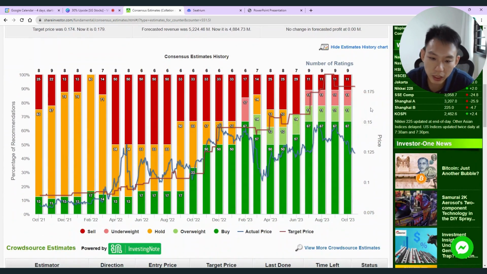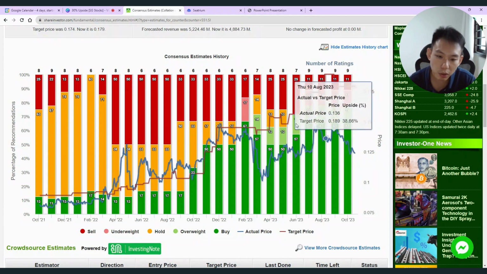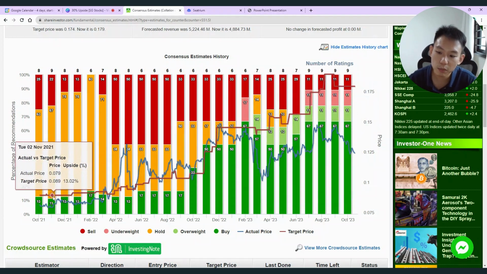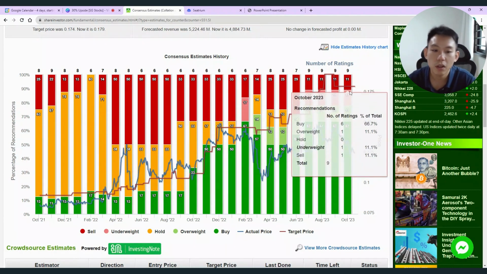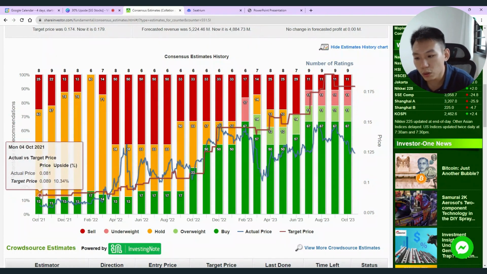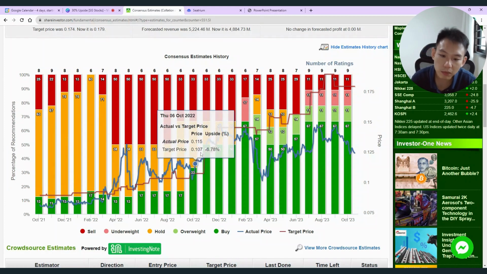Looking at the 2 year consensus estimate history, you can see that the share price and the analyst target price have been increasing in tandem. So 2 years ago, I think it was facing a lot of difficulties as they were losing money. Oil prices were very low, and they were unable to make sense out of their business operations. But since then, I think things are looking up for Samcorp Marine.